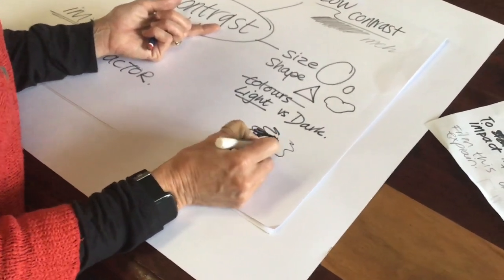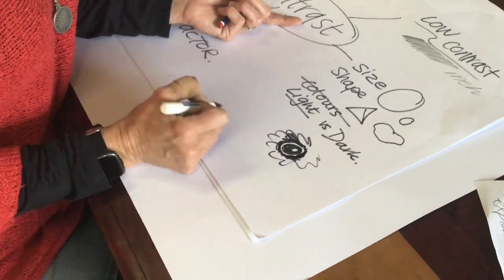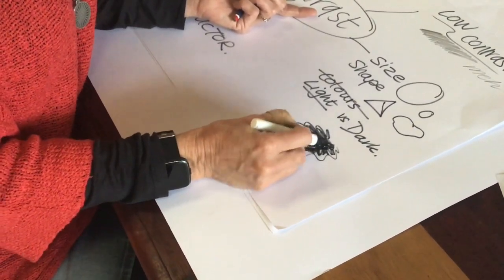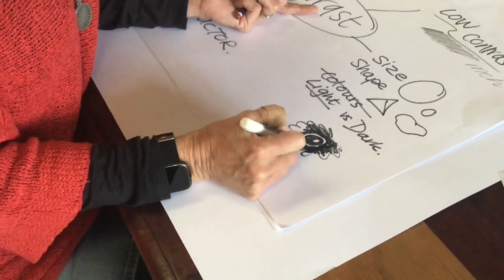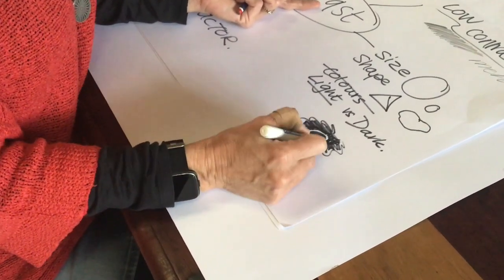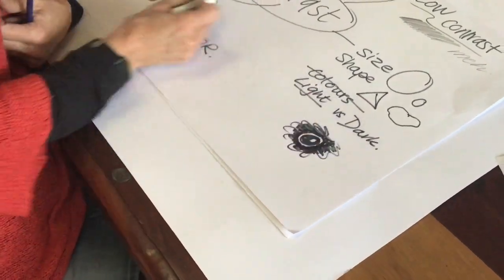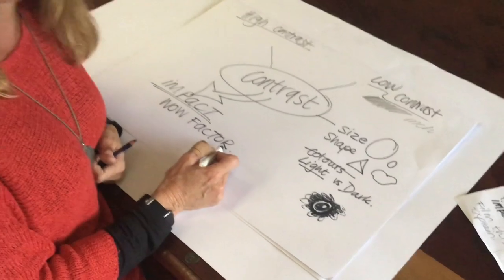If you didn't have that little edge of white, that contrast, we wouldn't be able to see the eye with all this black. So black against black, no contrast at all because there's no difference. White against white, again, same thing, okay? You use your black and your white to create contrast, which will create impact and give us the wow factor.